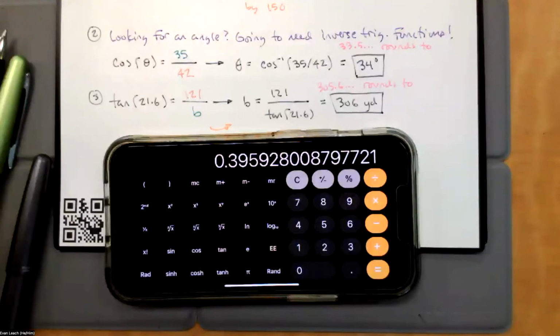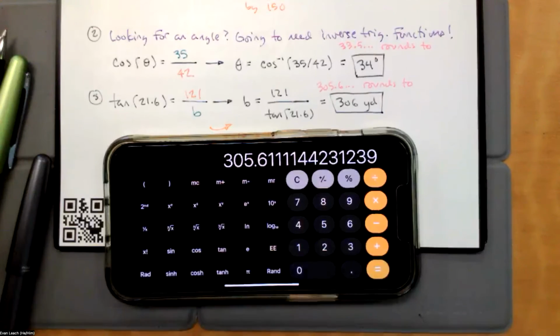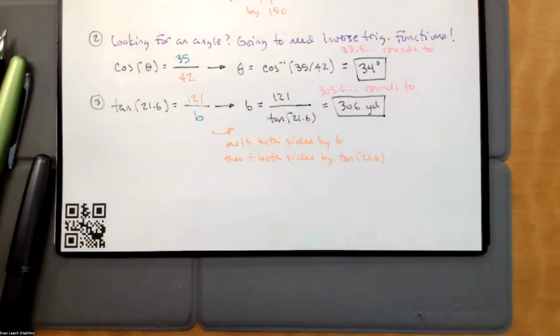This number is the tangent of 21.6. I have not resolved the dividing part. So then we have to hit equals. That's a little bit weird. Generally, we don't like this, but we don't want to write a bunch of stuff down in the middle, which could mess us up with rounding errors.